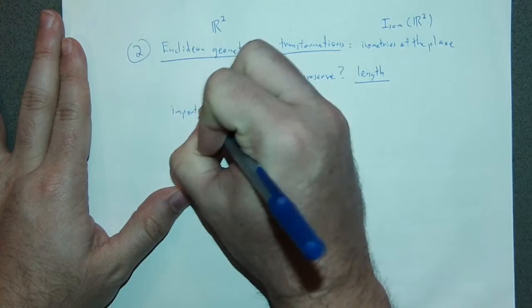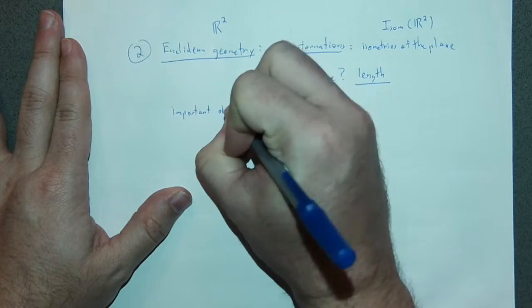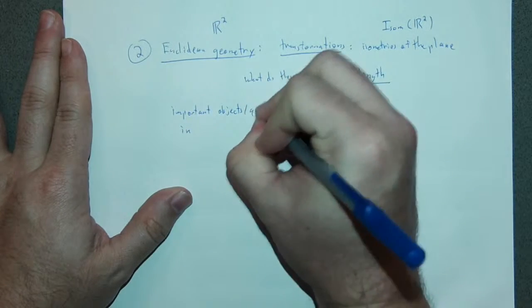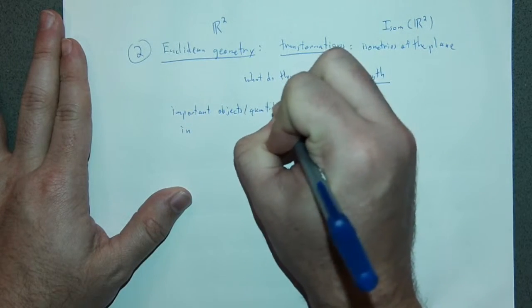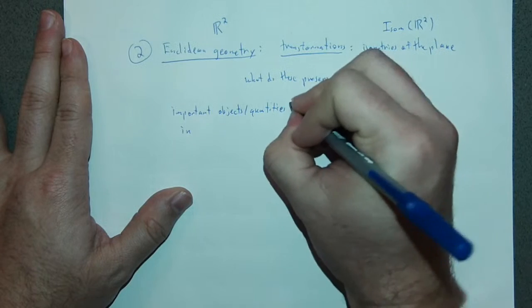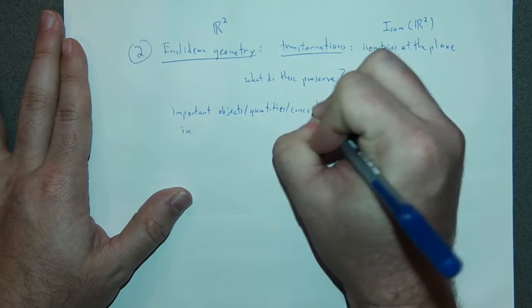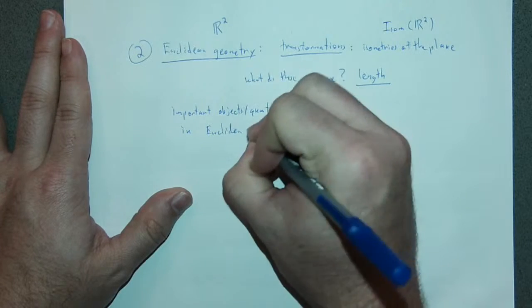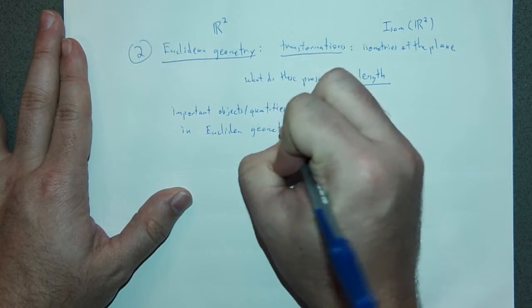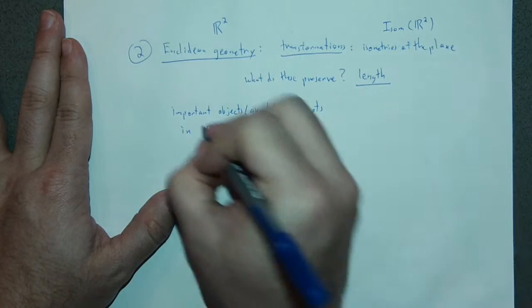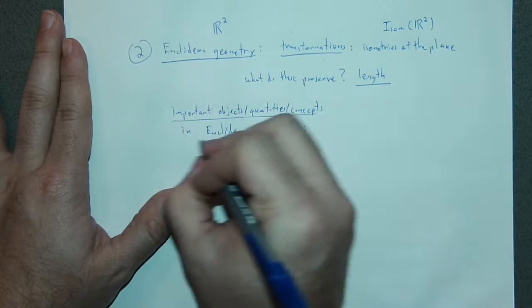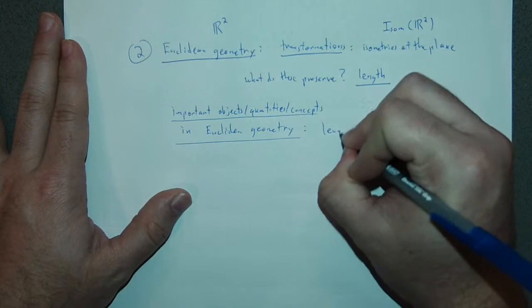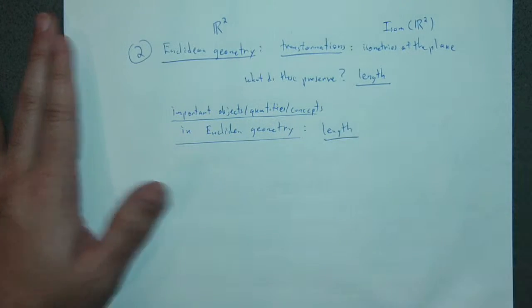So, right, we're going in the correct order. So important objects or quantities or notions, concepts in Euclidean geometry. So what are these important things in Euclidean geometry? Well, length is one of them because it's preserved by isometries.